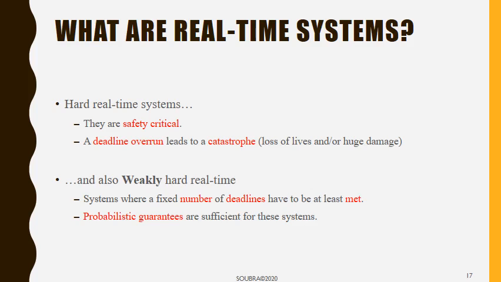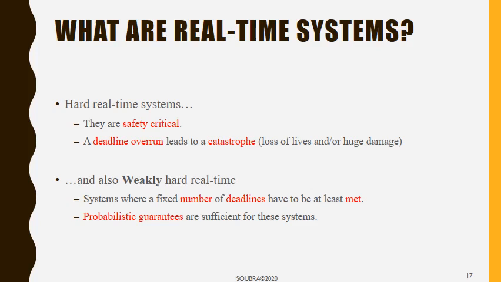However, engineers, in order to make things easier to implement and more pragmatic, have created the paradigm of weakly hard real-time systems, where you have some fixed number of deadlines that you should meet in order to avoid the catastrophe.